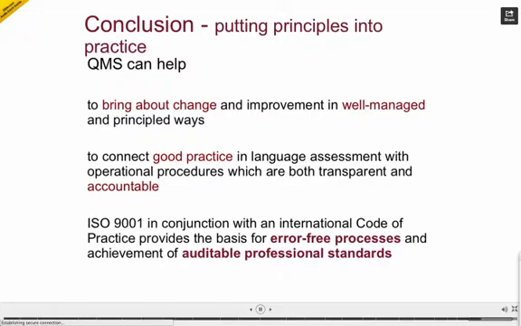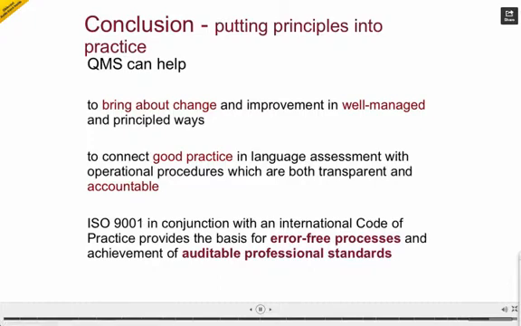And we argue that this approach, the QMS approach, can help to bring about change or transformation within organizations and the improvements which are needed. But it also does it in a well-managed and principled way, which can be communicated to people, and people are responsible for doing it and know what has to be done.